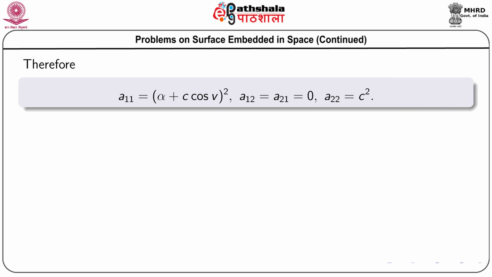So, if we calculate these values, earlier we have obtained these values: A11 equals alpha plus c cos v whole square, A12 equals A21 equals 0. That means, here also the curvilinear coordinate system on the surface is orthogonal and A22 is equal to c square.